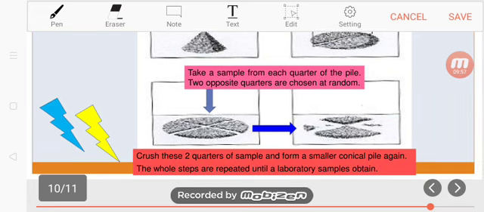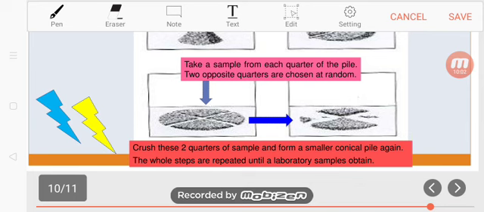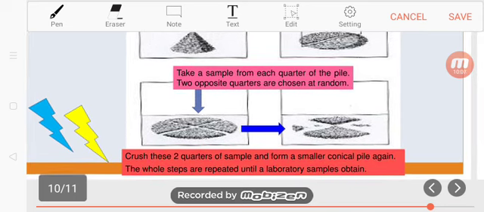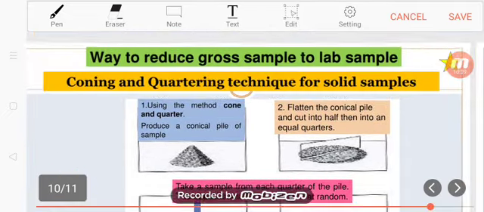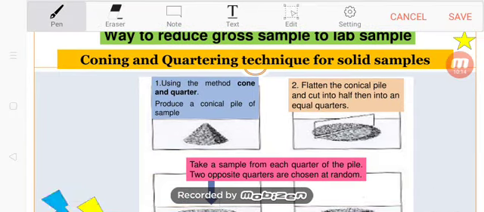Crush these two quarters of sample and form a smaller conical pile again. The whole step is repeated until a laboratory sample is obtained. This part is also a star. Hope you understand.